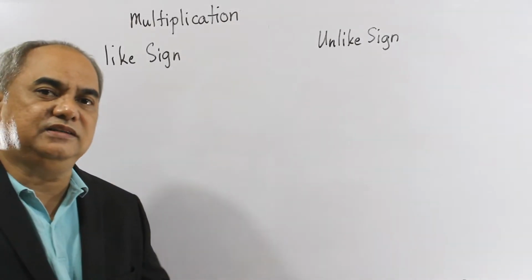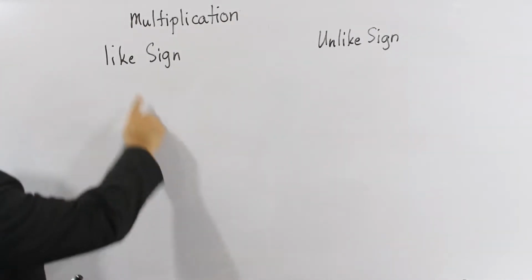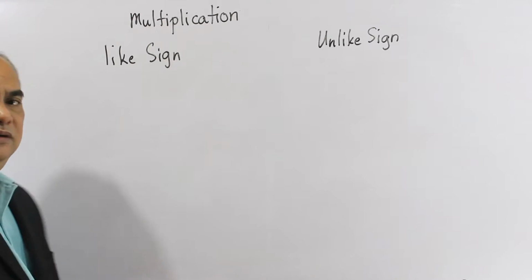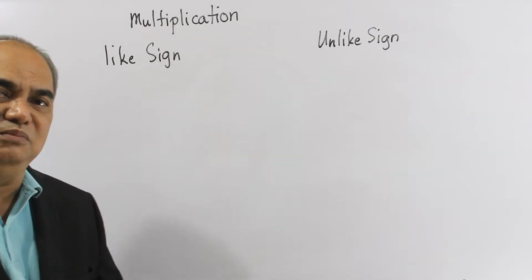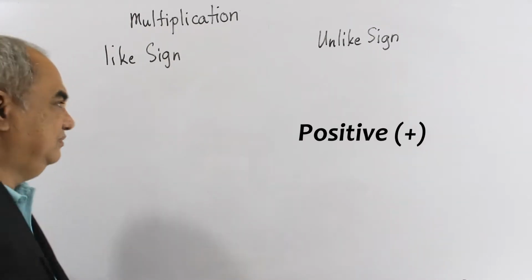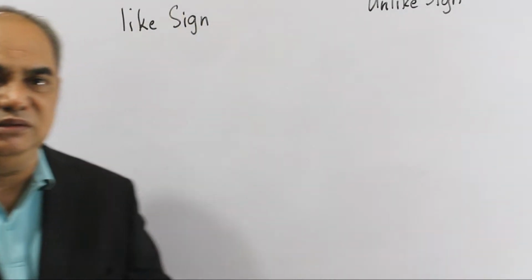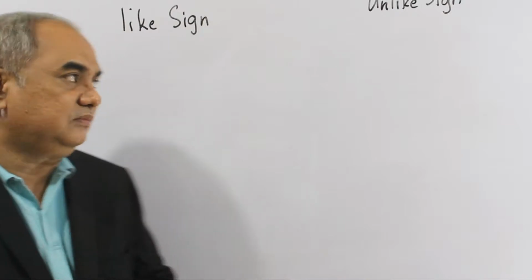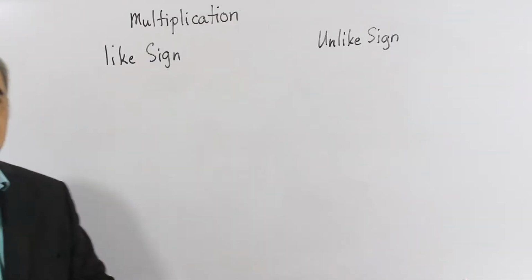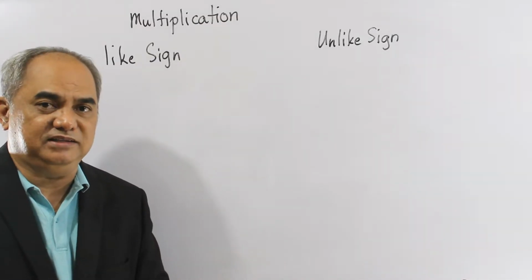The rule here is this: when we multiply factors having like sign, the product will always be positive. Let me repeat. When we multiply numbers, or factors, that have like sign, the product will always be positive.